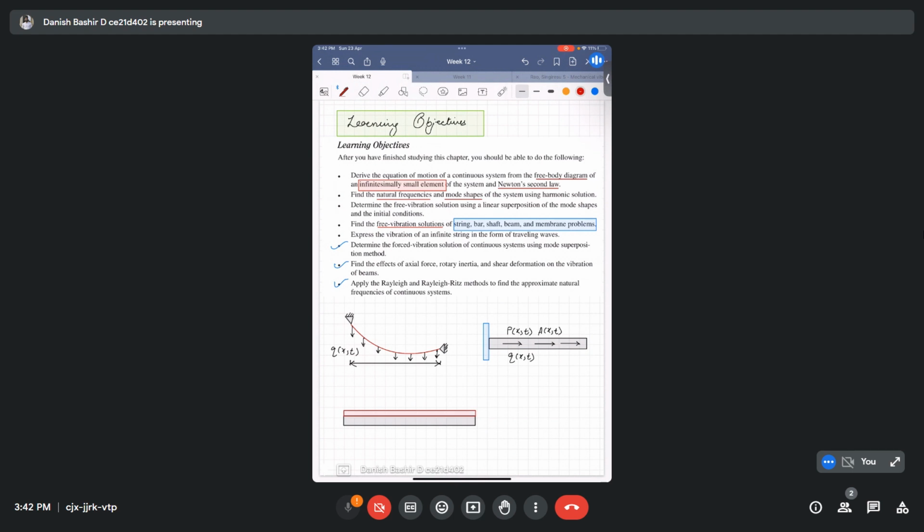If a load q of x comma t acts upon a continuous beam whose parameters are the same, its density varies as rho of x, with area A of x, and it is considered as a simply supported case.